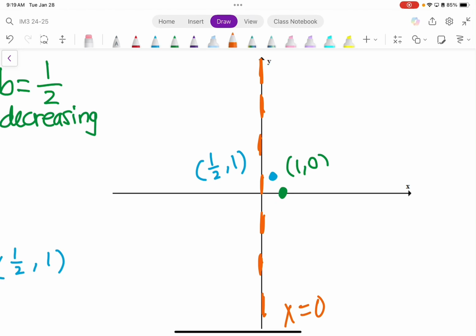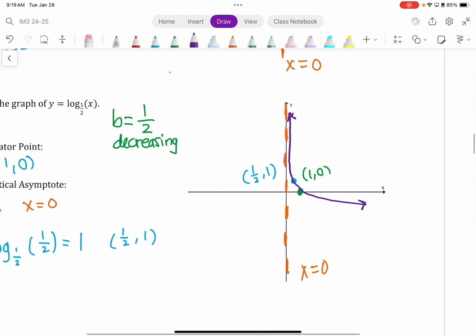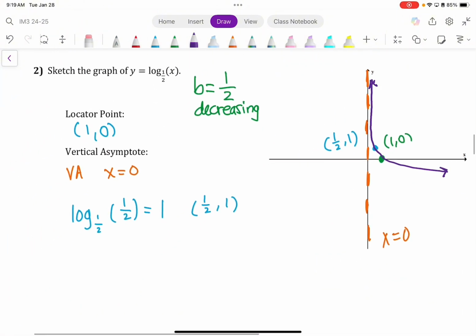If you were to connect these dots, you would start off from the top, hugging the asymptote, then hit your locator point and veer off to the right like that. This shows that decreasing function, which you get whenever you have a base less than 1. Once again, if you were to draw a stick man here, he would be walking down the mountain, down the slope. So this shows decreasing.